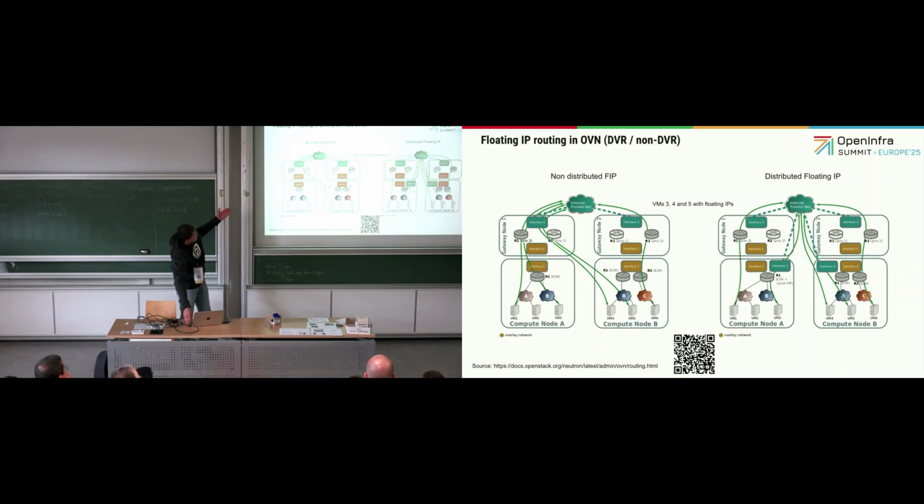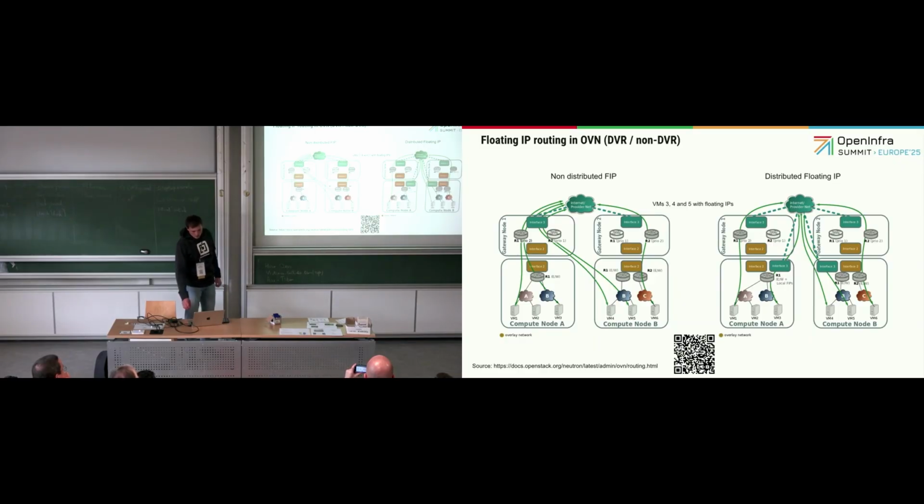So on this slide I show you the official documentation on how these floating IPs differ when you use the DVR configuration or not on your installation, and there is a really good explanation at this link.